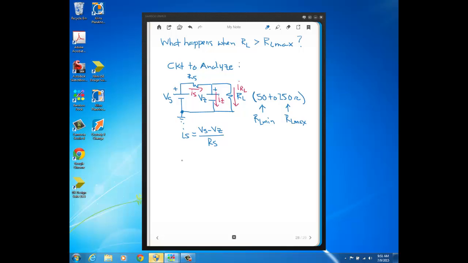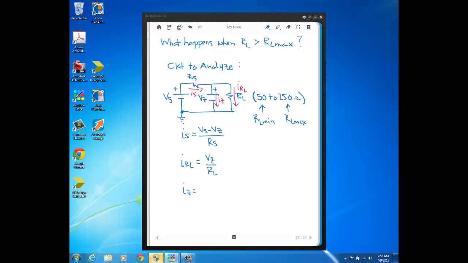Then we have IRL. IRL is just going to be VZ, the voltage across RL, divided by RL. Now, the Zener current, we can't get with Ohm's law, but we can get it just by applying KCL to this node, where we have IS flowing in.